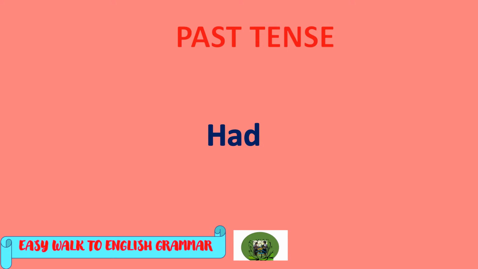It's not happening now. All those things happened some days or years or months ago. When we have to say such things that happened in the past, using the verb have, we have to use the form had.